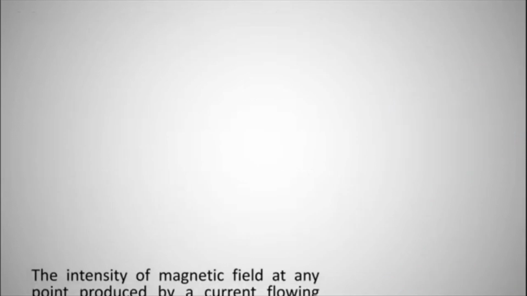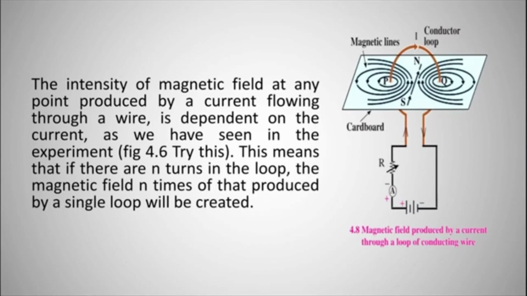The intensity of the magnetic field at any point produced by current flowing through a wire is dependent on the current, as we had seen in the experiment that we performed in the last video, where a large amount of current was passed through a thick copper wire and the needle was kept near the wire.